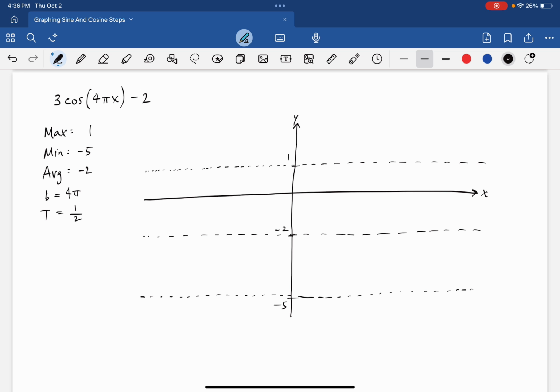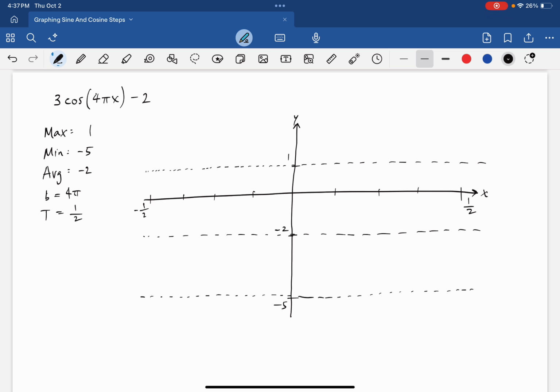Okay? And then I'm going to do the same thing as before. On the x-axis, I'm going to do a period on the right side and a period on the left side. And so each period is 1/2, so I know that these are going to be 1/2 and -1/2. And then I'm going to draw tick marks for every quarter period. So a quarter of 1/2 is just 1/8.